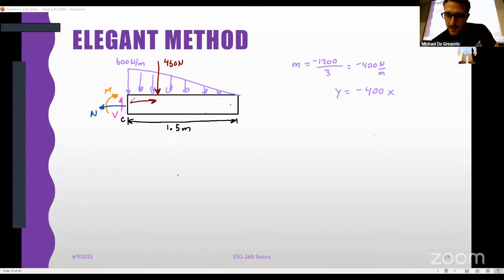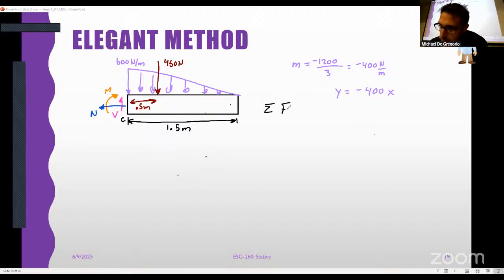Where does this occur? Where does that occur? 1/3 from the fat end. Okay? And that's great because we can start off here. So what do we find out? Hold up.